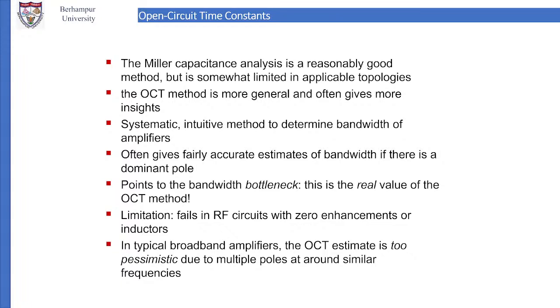Similarly, when you equate the denominator to 0 and solve it, the solutions you get are called the poles. If you get only one solution, then there is only one pole. If you get more than one solution, then there is more than one pole. At the same frequency, there can be more than one pole.